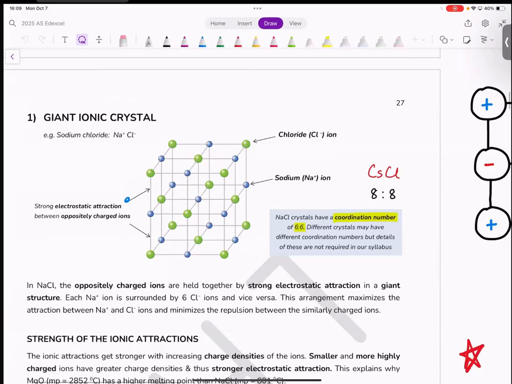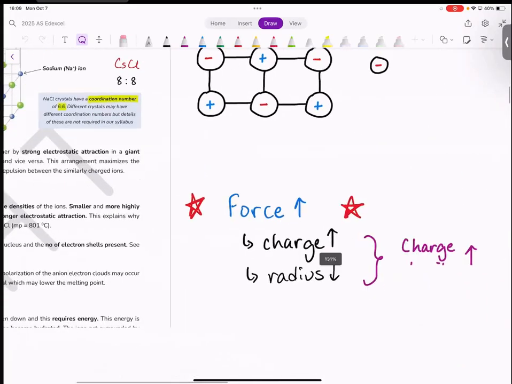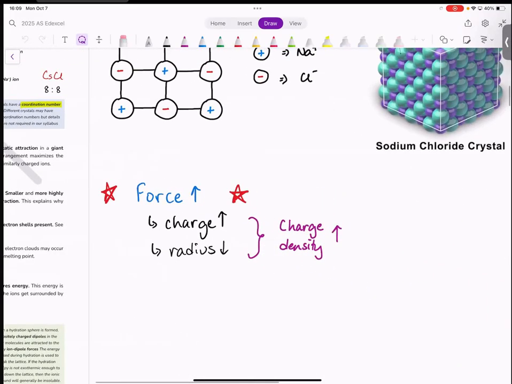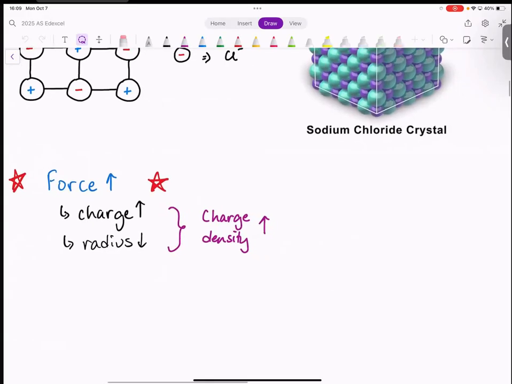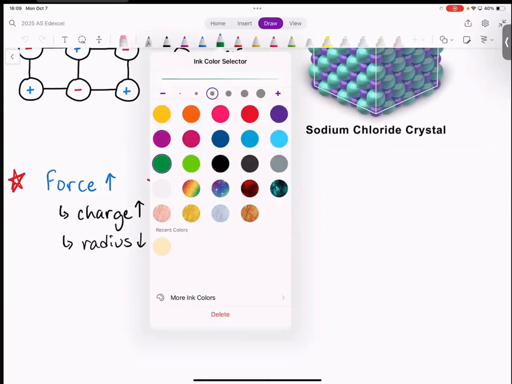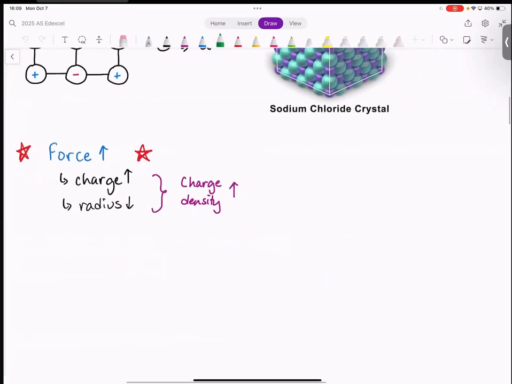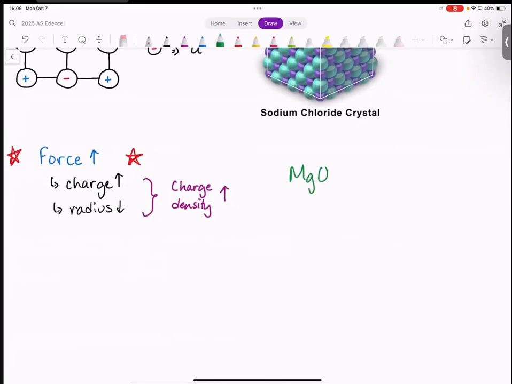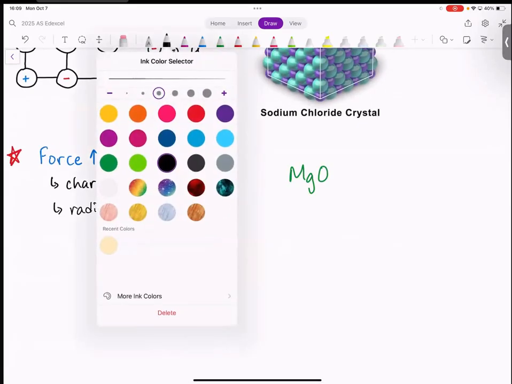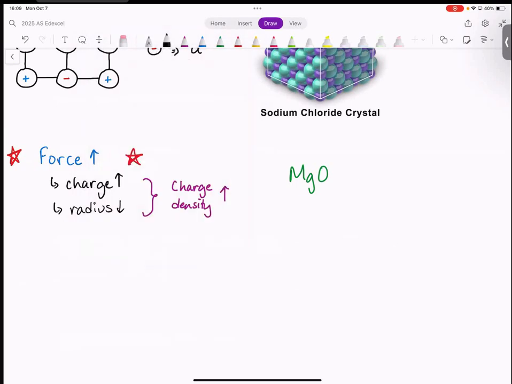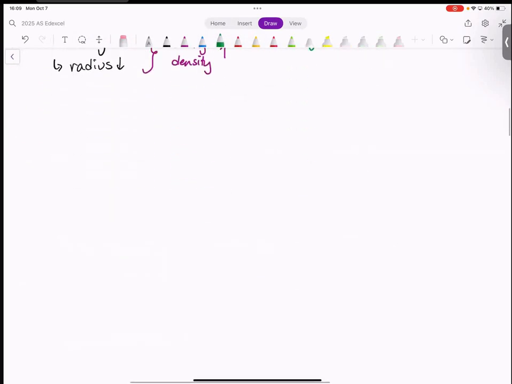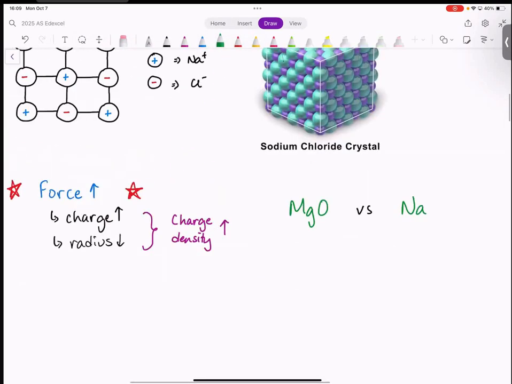So what is determining the force between the lattice, or when you're comparing two different lattices, let's say MgO versus NaCl. You did this last year in GCSE. When you wrote this answer last year, you need to just highlight these examples.